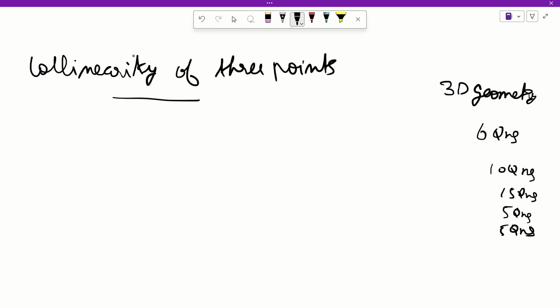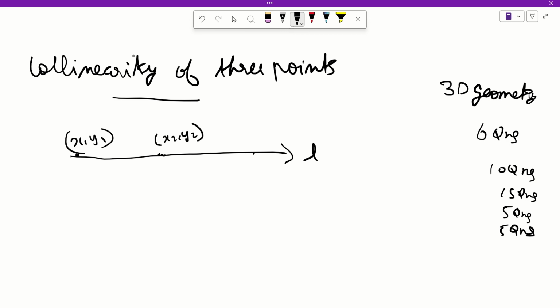Let's say we have a line L which is formed by 3 points x1, y1, x2, y2 and x3, y3. Let's say the slope of x1, y1 and x2, y2 is m1, and the slope of x2, y2 and x3, y3 is m2.